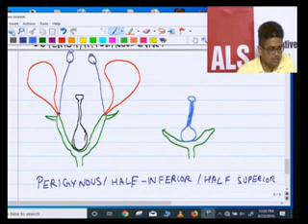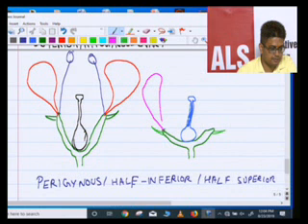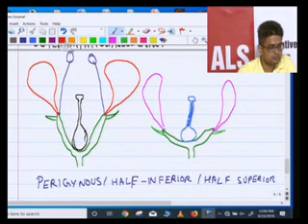Now over the calyx, corolla, androecium. Calyx is here. This is the calyx. Corolla is, let me draw pink corolla now. This is the corolla here. And then the androecium. Androecium is here.